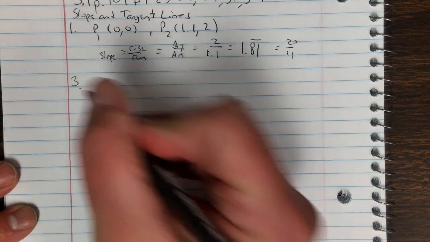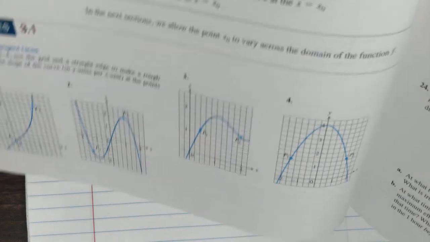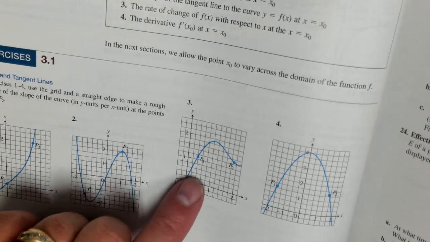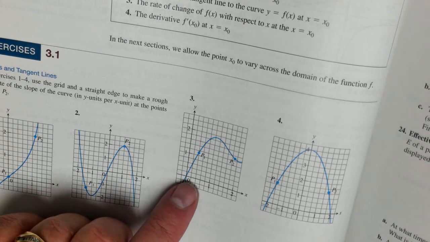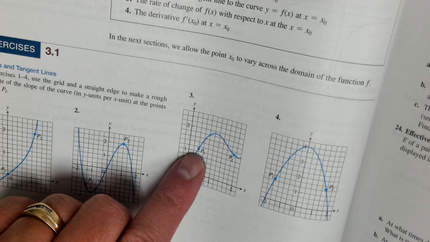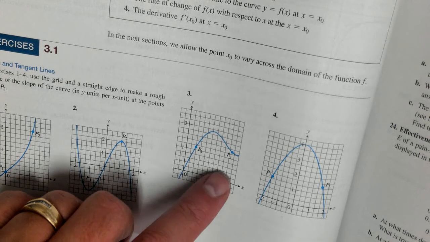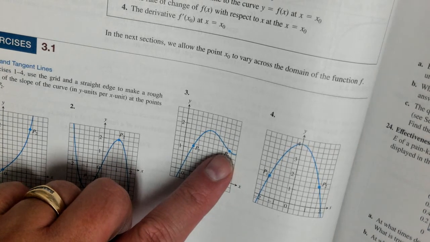Number 3, it also has a graph. So on this one, your point 1 is right there, point 2, point 4, and then 1.1. This is 0.4 comma 1.1, and this is 1.9 comma 1.3.